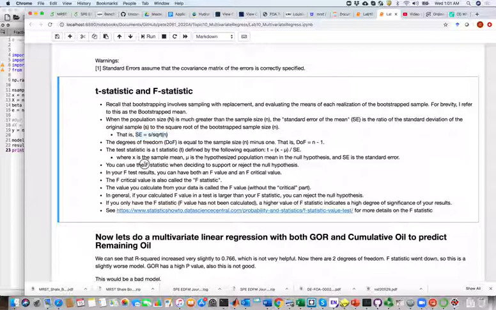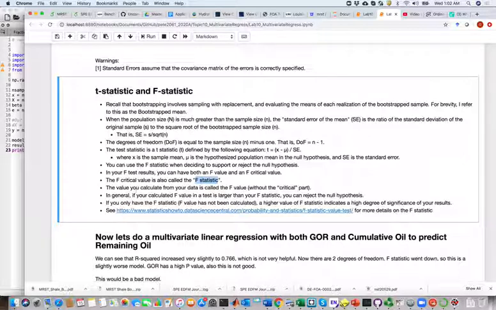And we can use F statistics to decide whether or not to support or reject the null hypothesis, like we talked about using p-value with the null hypothesis. And without getting into all of the details here, which you are advised to read many times, all we have is the critical F value. And when we have that, which is also called F statistic, you just need to pick the model with the highest F statistic.